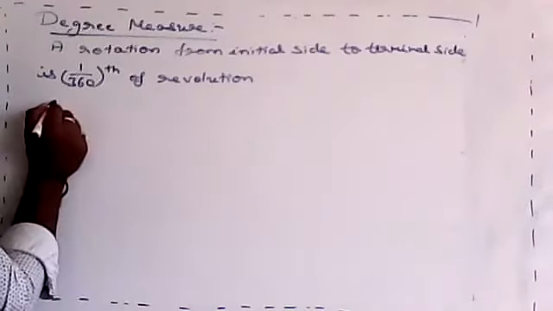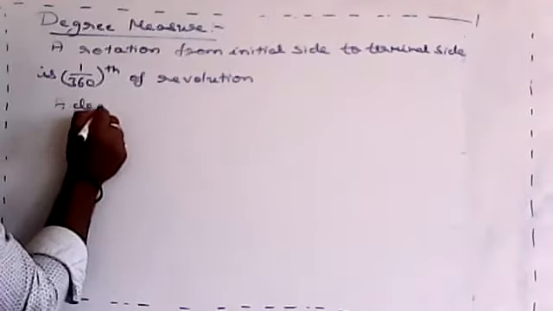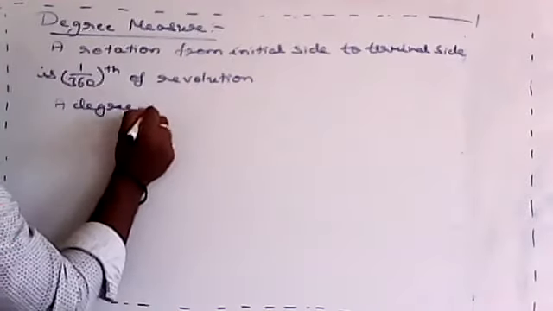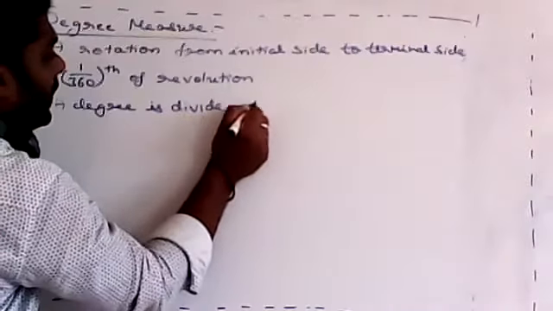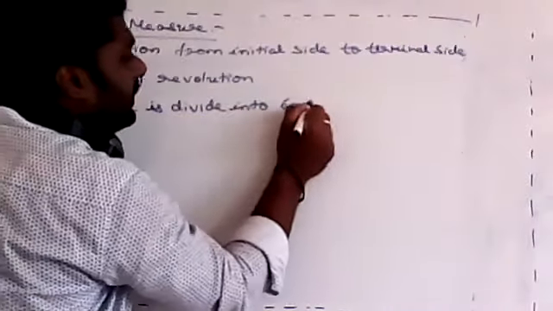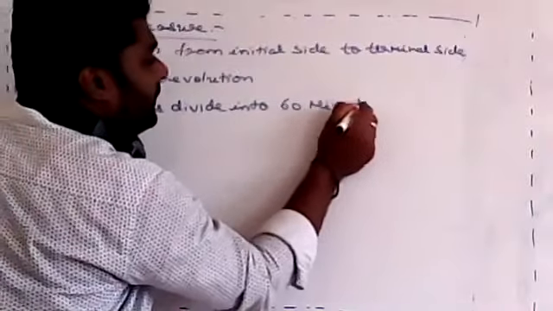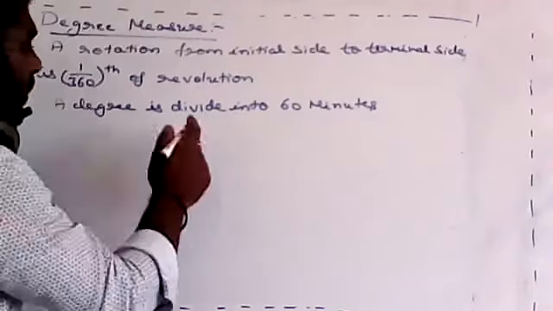A degree is divided into what? Divided into 60 minutes. Correct or not? So degree is divided into 60 minutes. How will we write this?